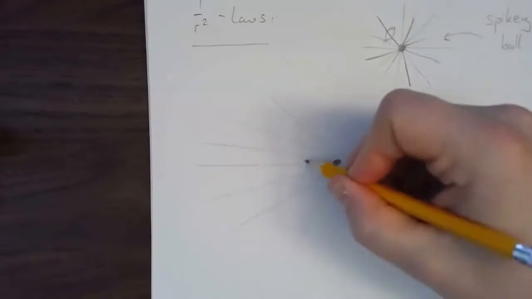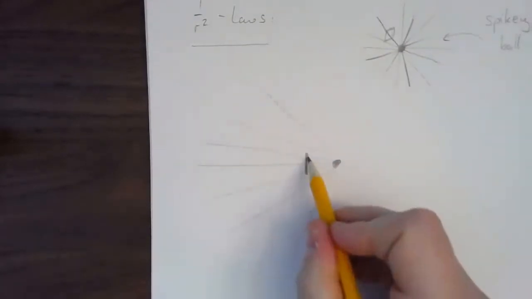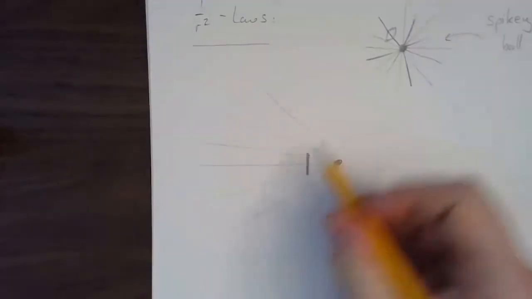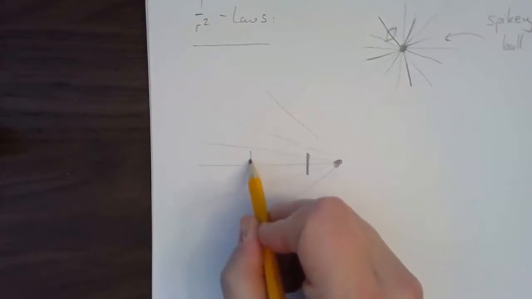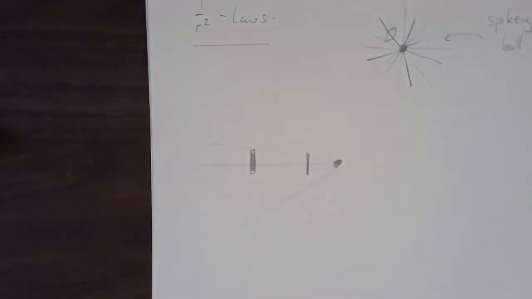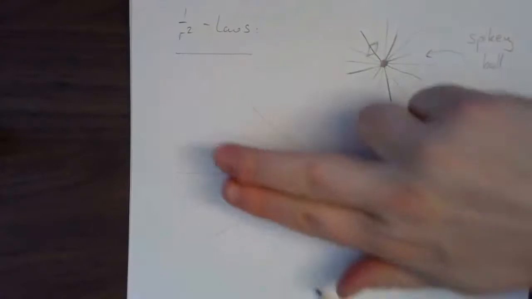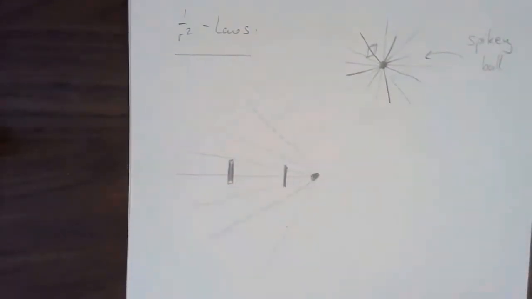This is my window seen from the side. 1, 2, 3 go through. If I go further back, same size window, then depending on where exactly I draw my spikes, only 1 or 2 will go through, as the spikes have spread out like this, right? So the further you're away, the fewer you're going to catch.